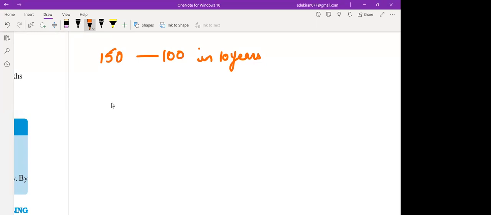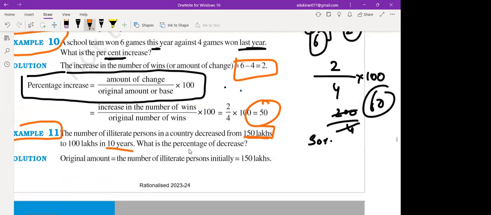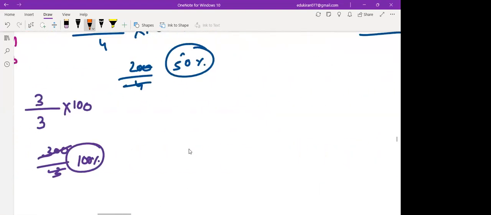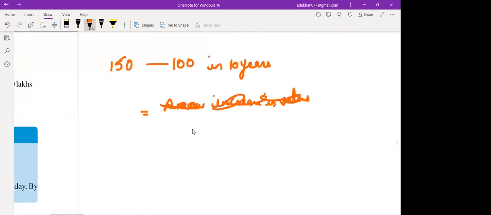According to the question, first of all, you will write decrease in illiterate people. Sorry, at first I said increase in voters. Let's do it here: decrease in illiterate people.